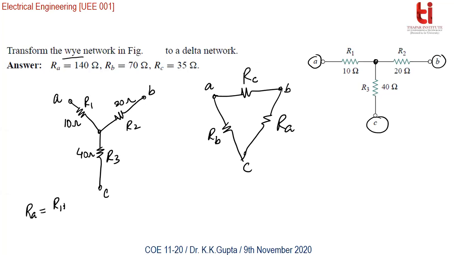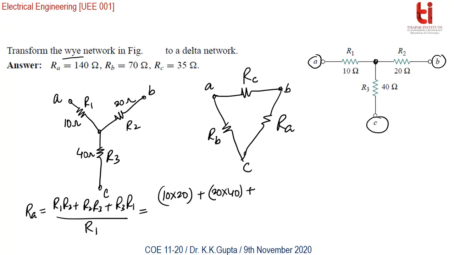will be equal to R1 R2 plus R2 R3 plus R3 R1, divided by R1. All the values are known here. So this will be 10 into 20 plus 20 into 40 plus 40 into 10, divided by 10.